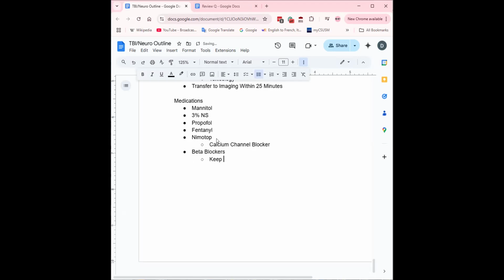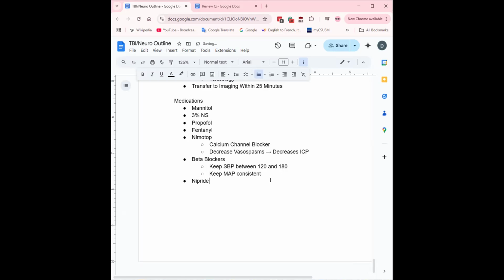So again, keep the SBP between 120 and 180, according to Brooks. Keep MAP consistent. Nimotop prevents vasospasms, which in turn decreases ICP. There's Nipride, I think that's nitroprusside, a powerful vasodilator.